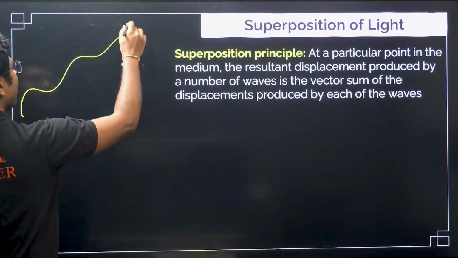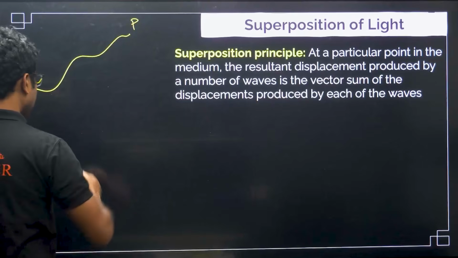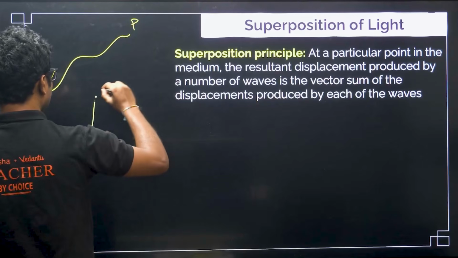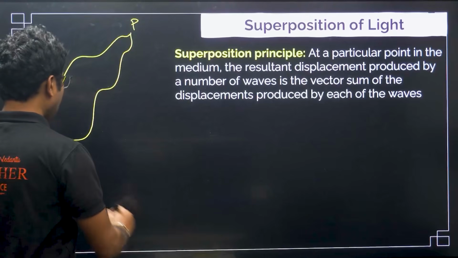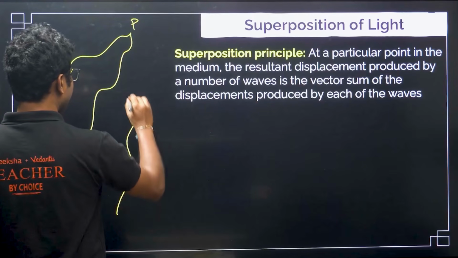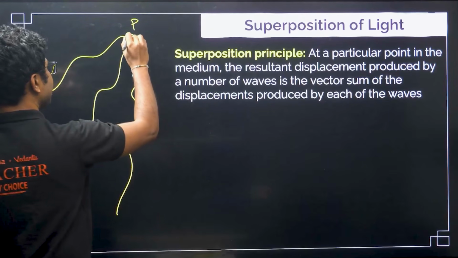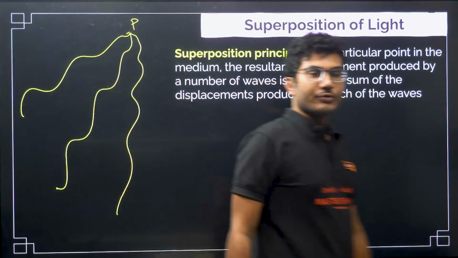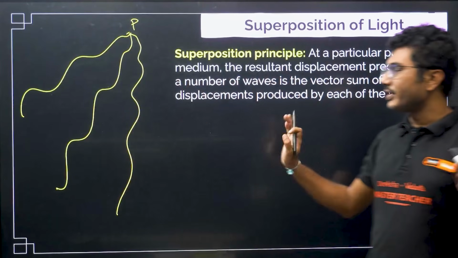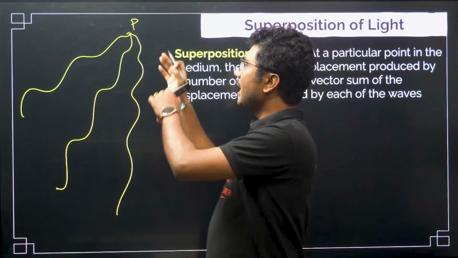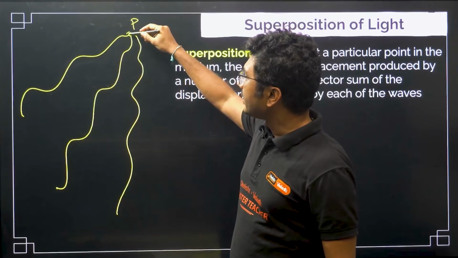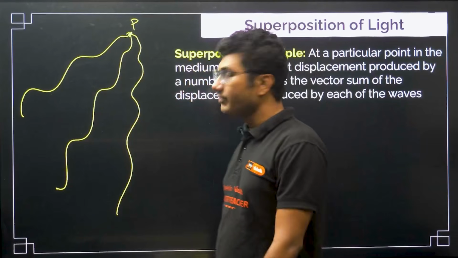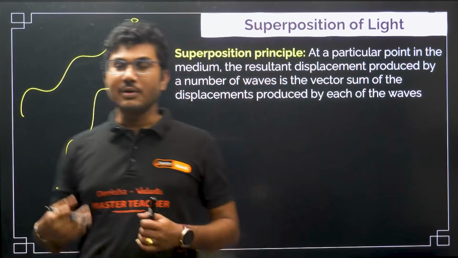It reached some point P. Another wave which is also traveling, by chance it also reaches the same point P, and a third wave also reaches the same point P. So 3 different waves traveling in 3 different directions suddenly meet at a point P. Now what will be the resultant displacement or resultant wave at P, our point of concern?